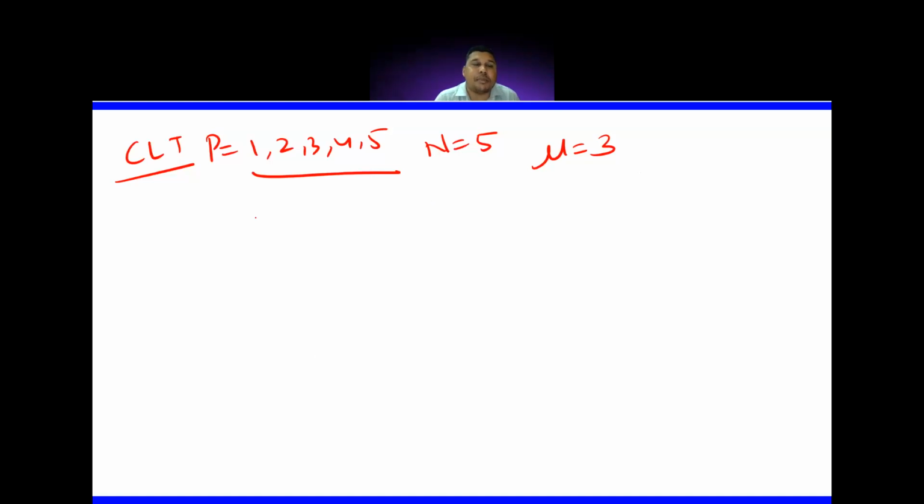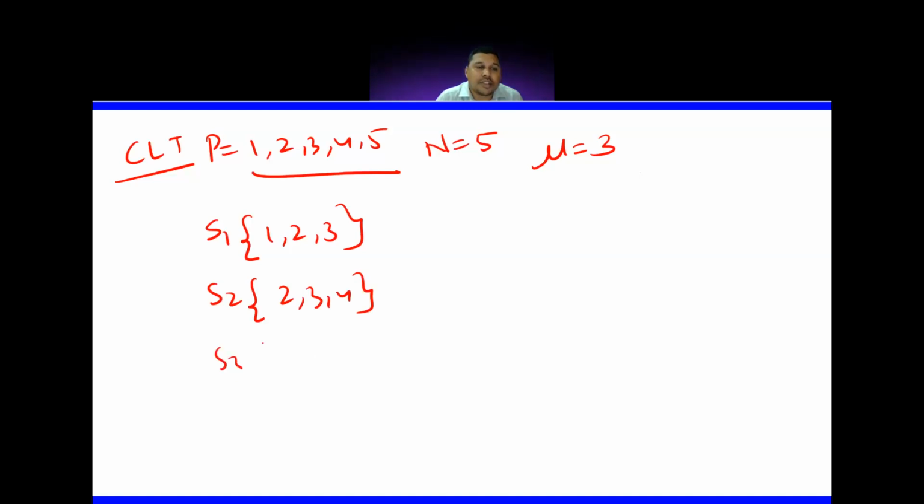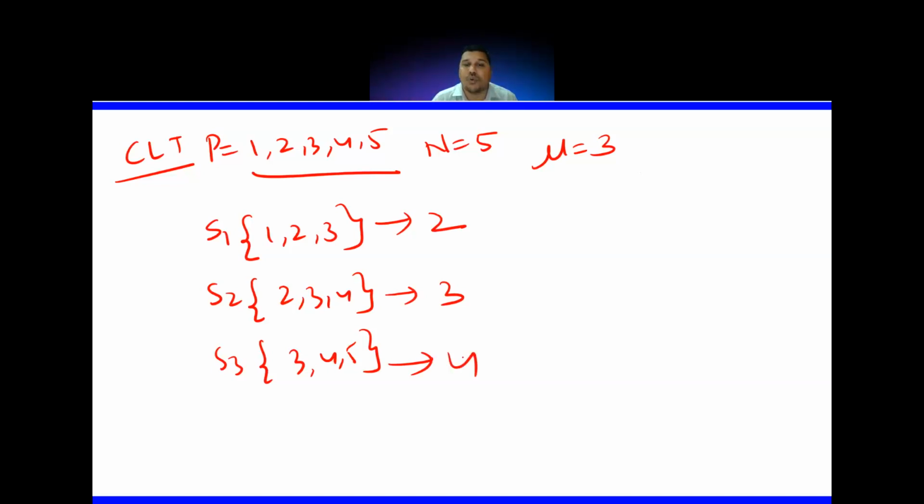If I randomly take 3 samples, one sample S1 which contains 1, 2, 3, another sample 2, 3, 4, and another sample 3, 4, 5. I have taken 3 random samples, each of size 3. The average here is 6 by 3, 2. This is 9 by 3, it is 3. And this is 12 by 3, it is 4.